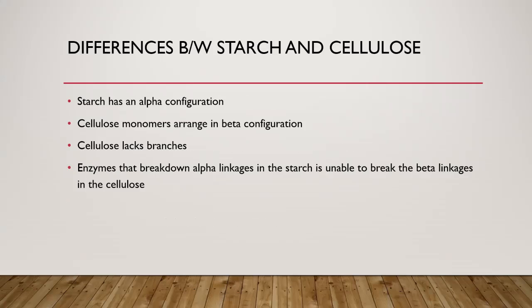Starch has an alpha configuration. Cellulose monomers are arranged in a beta configuration. Cellulose lacks branches, while starch has many branches. Enzymes that break down the alpha linkages in starch are unable to break down the beta linkages in cellulose.